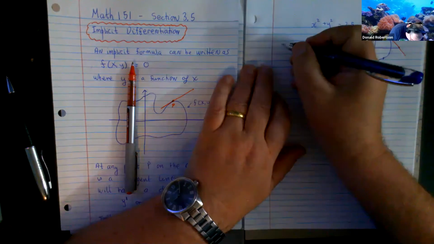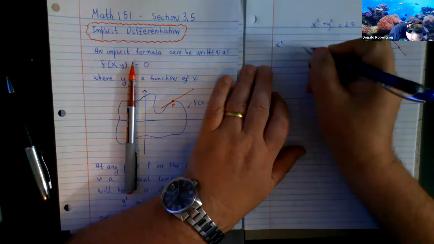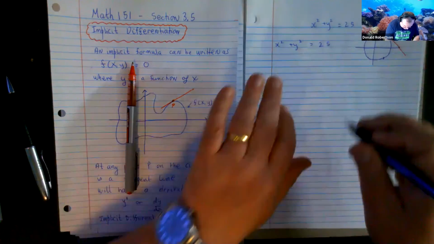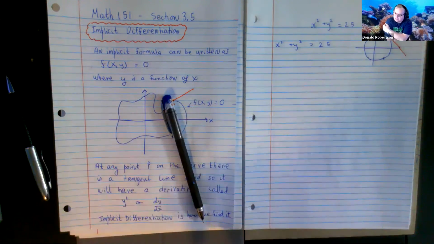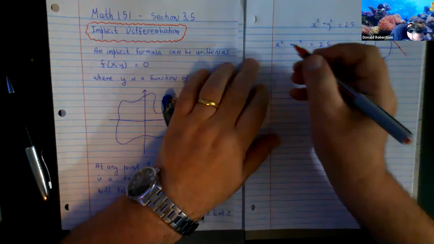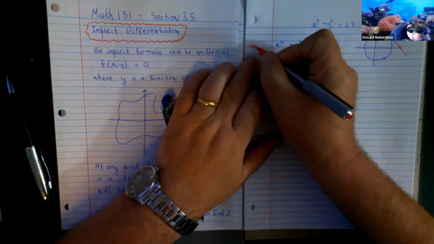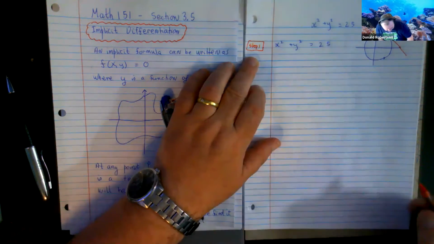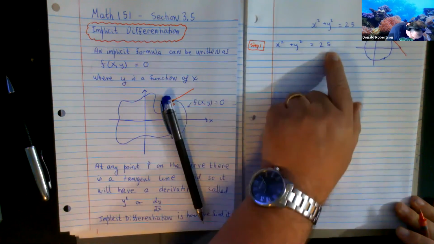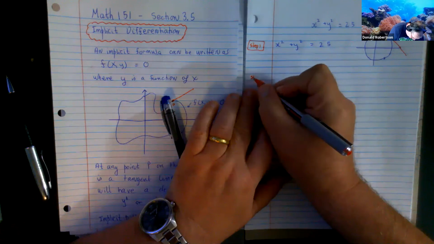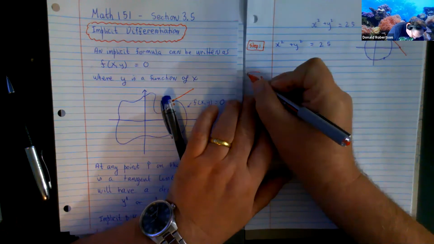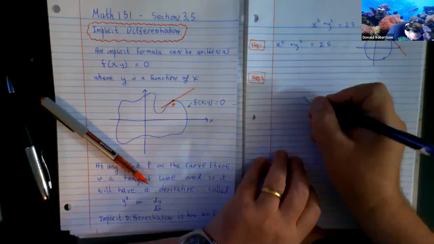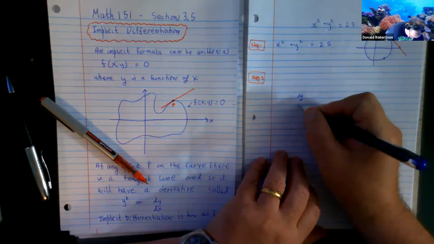So how does the process work? To write it down, it's quite short. There are only 2 steps, typically. Step 1 is you differentiate it. And step 2 is you isolate, or solve for, dy by dx.